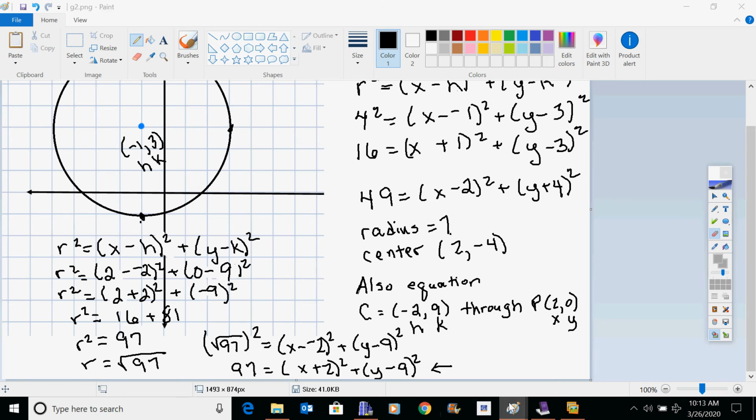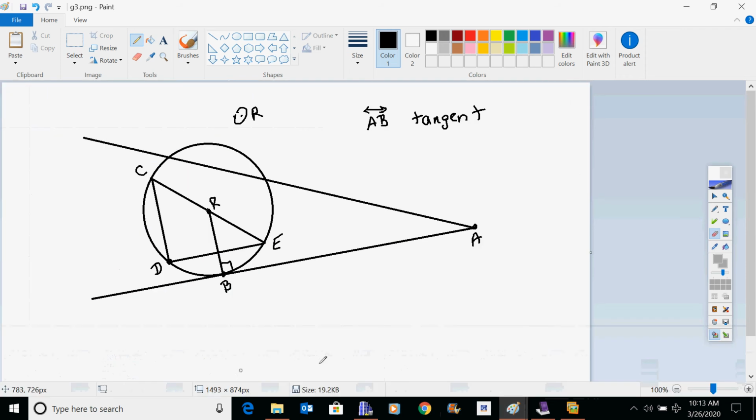All right, let's move on to some other questions. We have a lot going on in this picture. Honestly, when it comes to test time, I'll be able to ask quite a bit with this particular picture. But for now, I'm just going to ask you how much the measure of angle CDE would be. So let's think this through for a minute.